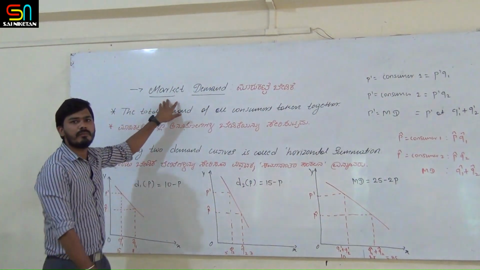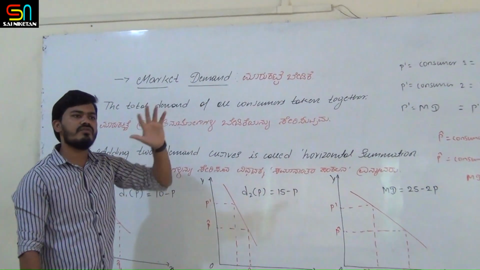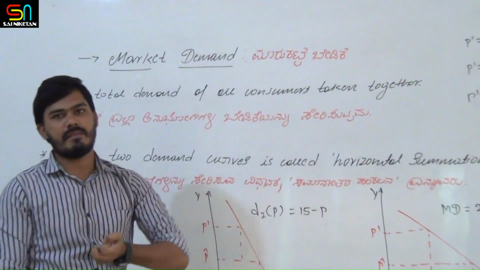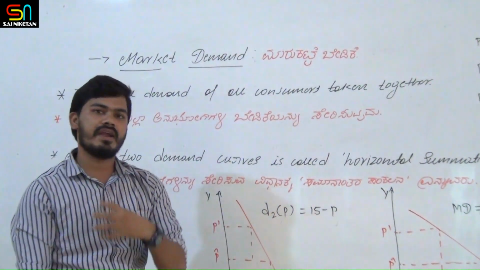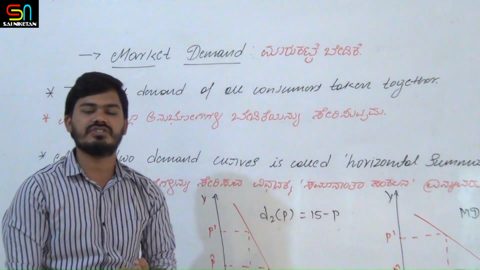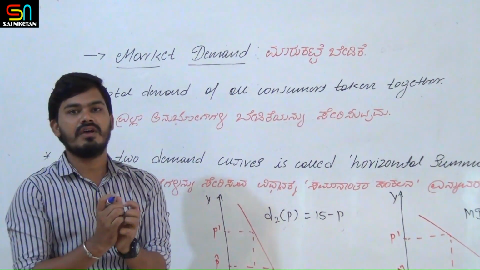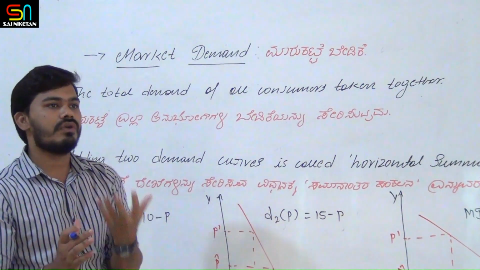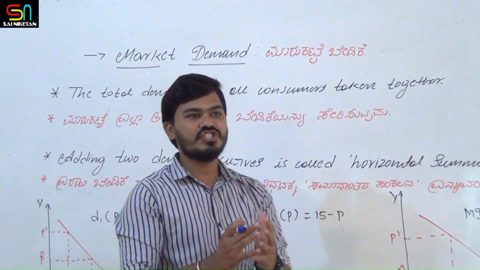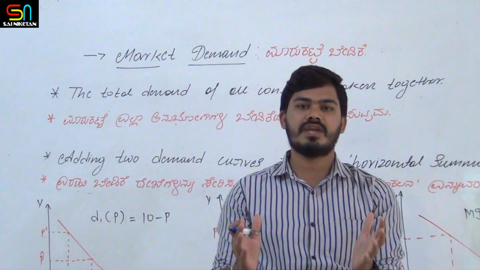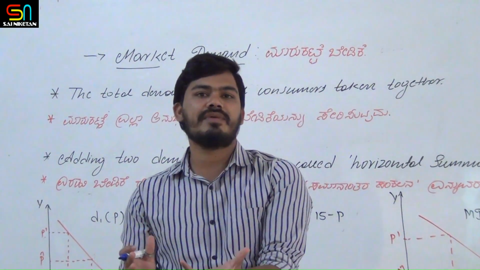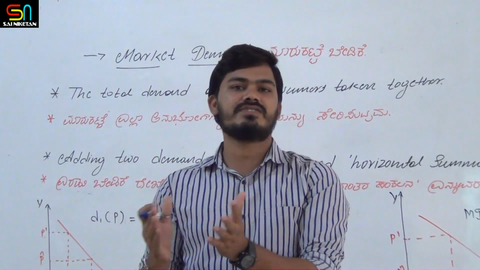What is the meaning of market demand? Till now we have been discussing only individual demand, the individual demand curve, the individual demand function. We were considering only an individual consumer. But when it comes to the market, we already know that a market is an institution, a set of arrangements where economic agents exchange their endowments or products with each other.